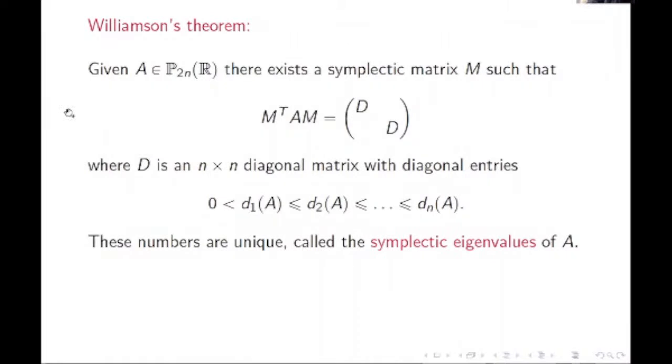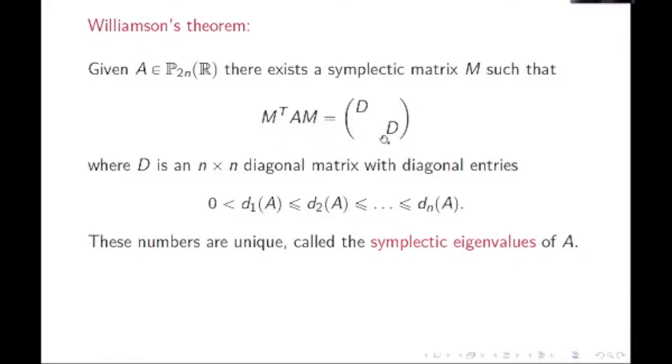From classical linear algebra, the spectral theorem that we know of is very similar to Williamson's theorem. Spectral theorem says that A can also be diagonalized using an orthogonal matrix, and in Williamson's theorem, we have a symplectic matrix instead of an orthogonal matrix.